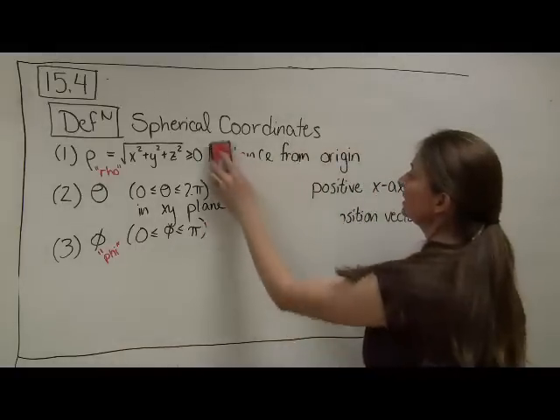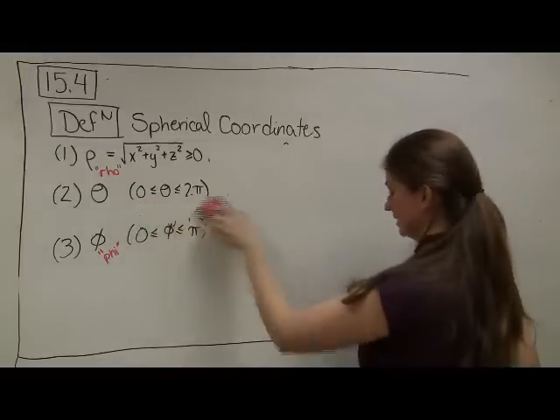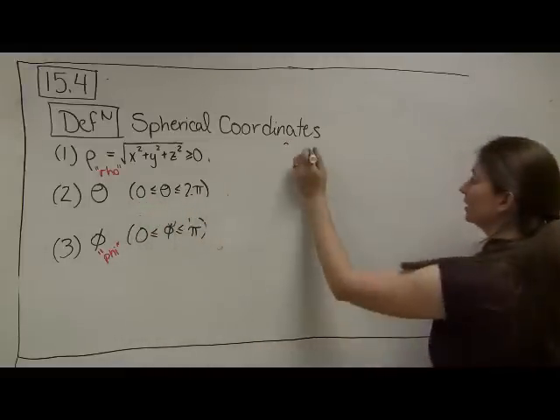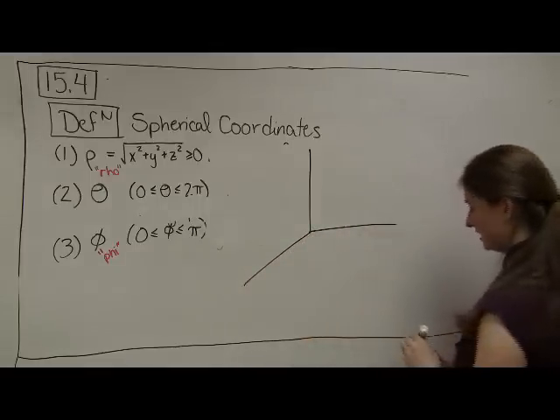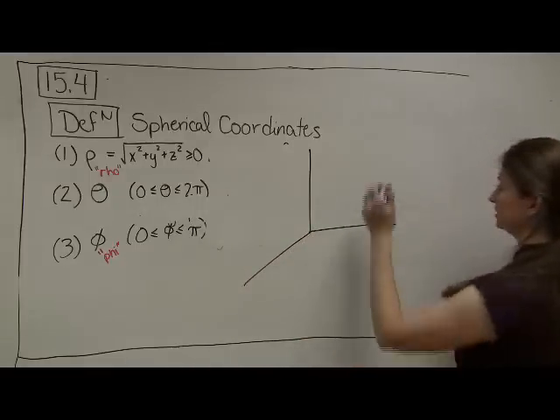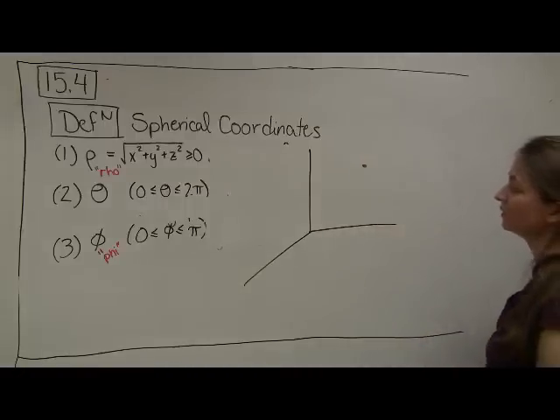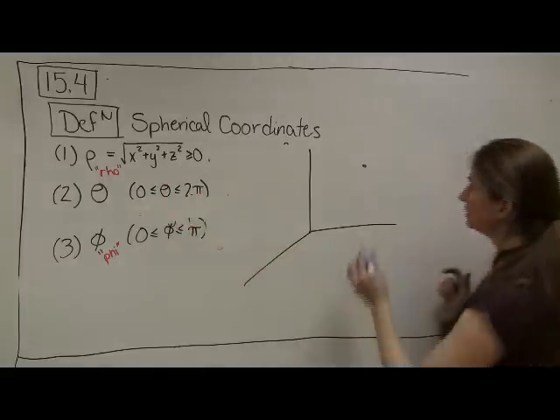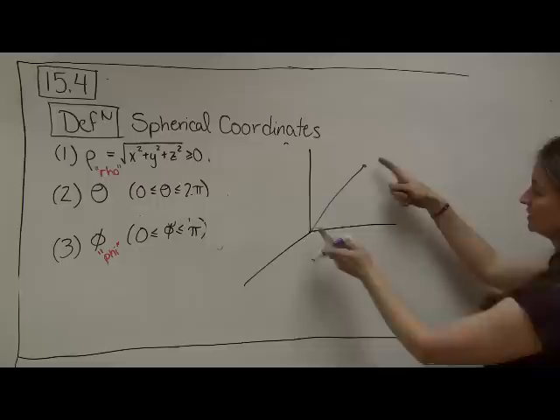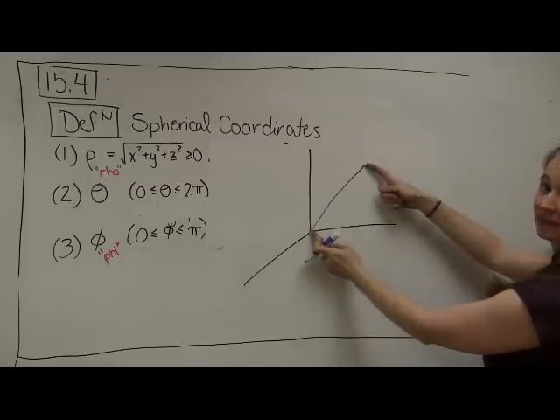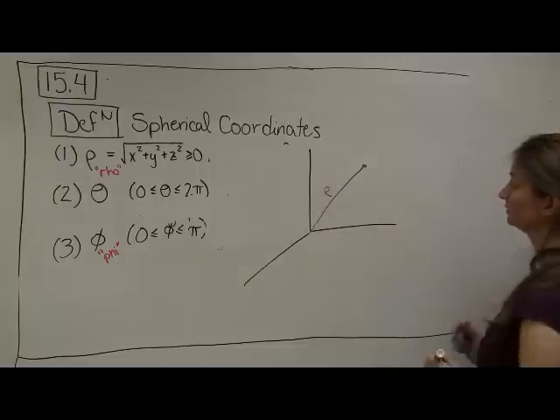So visually, we're in a 3-dimensional space. This is how I'm representing my 3-dimensional space, and I have some point in this 3-dimensional space. The easiest one to find is rho. Rho is just the distance from that point to the origin, so it's exactly like our radius. It's the length that this line traces out. I'll label that one as rho.